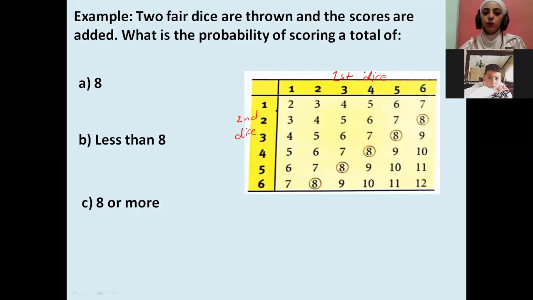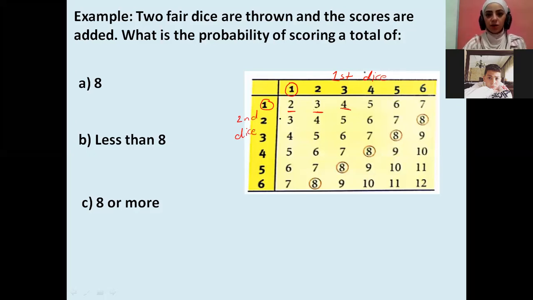What we need inside is the total. We have 1 from the first dice with 1 from the second dice, so 1 plus 1 is 2. 2 from the first dice with 1 from the second dice, so 2 plus 1 is 3. 3 plus 1, 4. So you need the total, the sum.